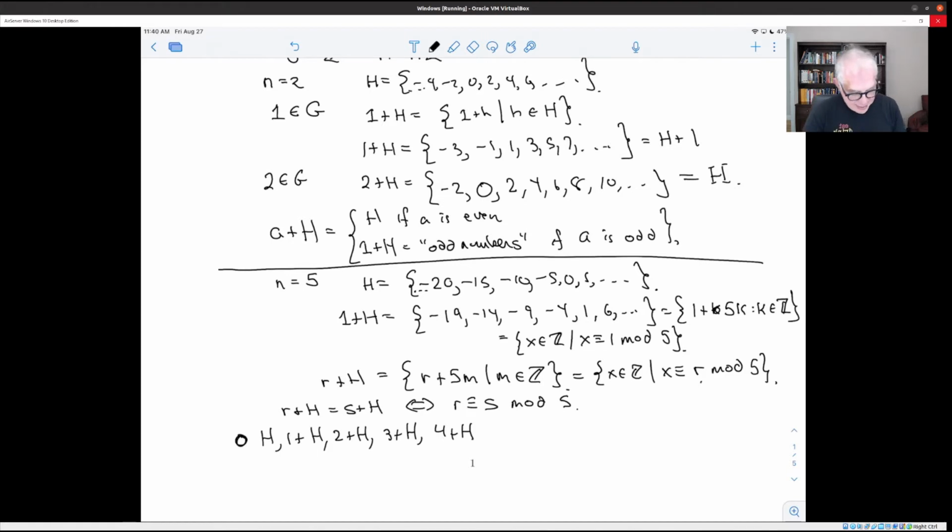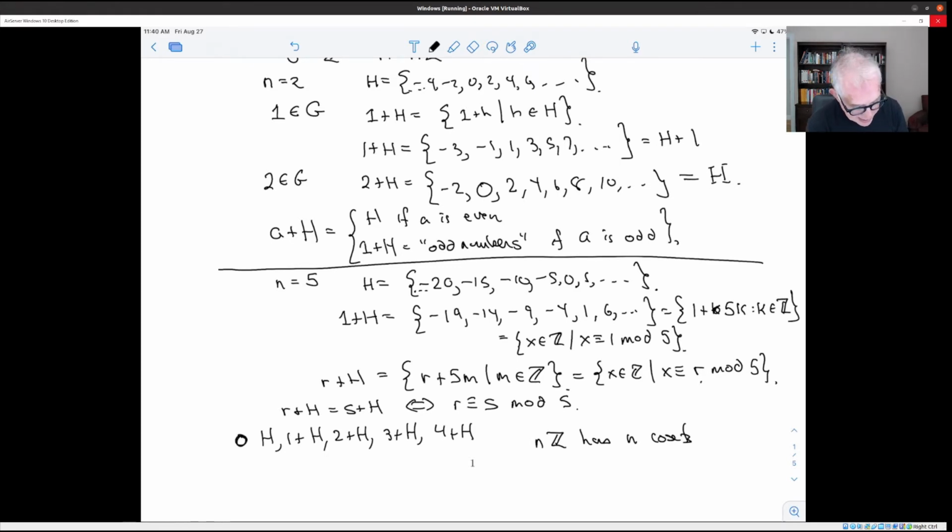And exactly the same argument tells you that nZ has n cosets. And I'm not distinguishing in this case between left and right cosets because whether you add on the right or add on the left doesn't matter. So the left and right cosets in an abelian group are exactly the same. And in a minute, we're going to see where that sometimes does matter if the group isn't abelian.